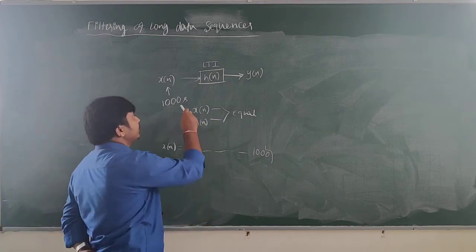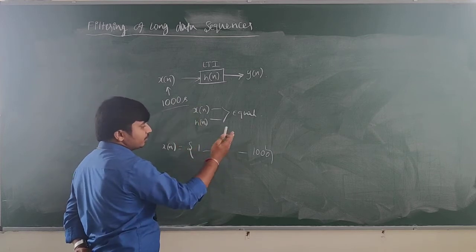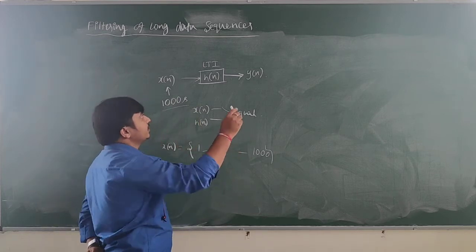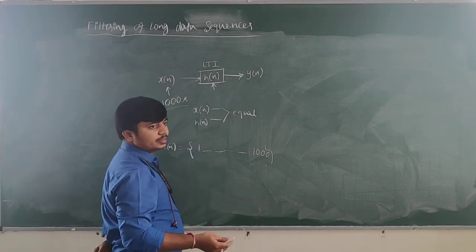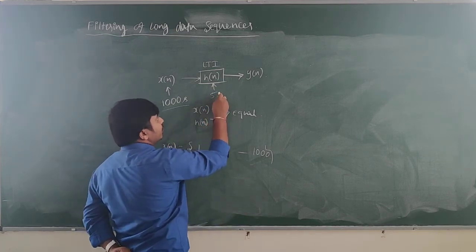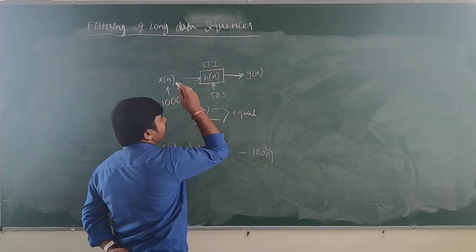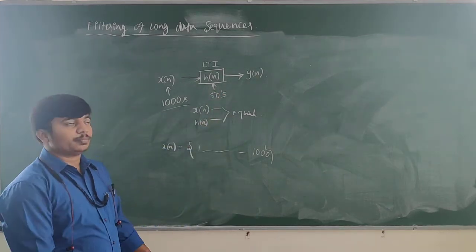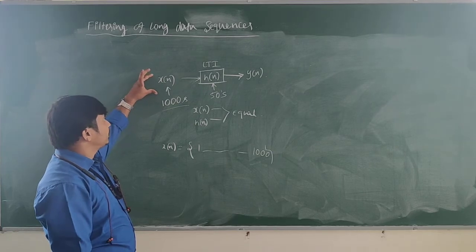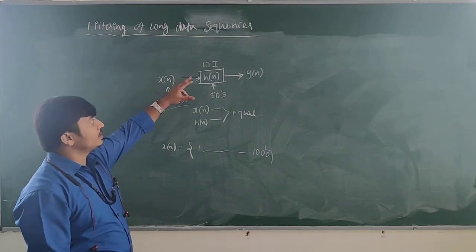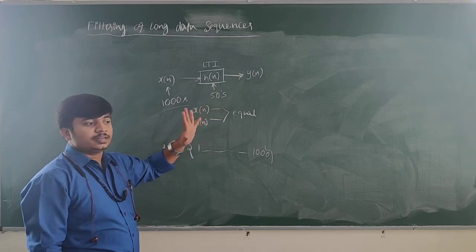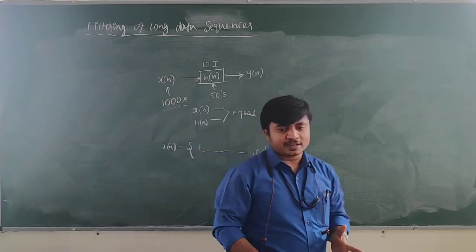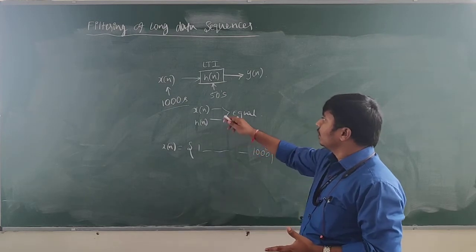So this sequence will be in the thousands, whereas the impulse response h of n will have a length of only 50 to a hundred, in the 50s. So x of n has a length in the thousands and h of n in the 50s, which makes padding very impractical.